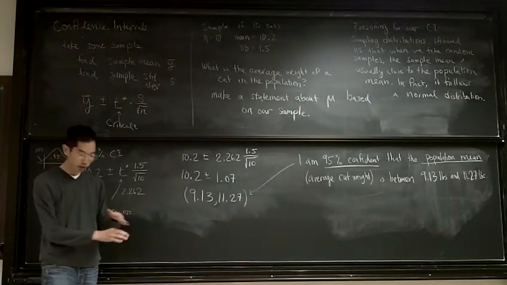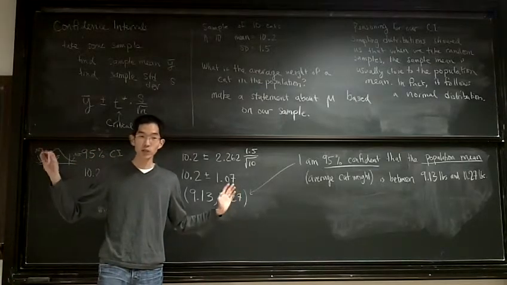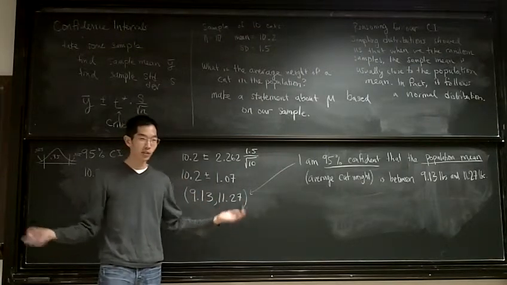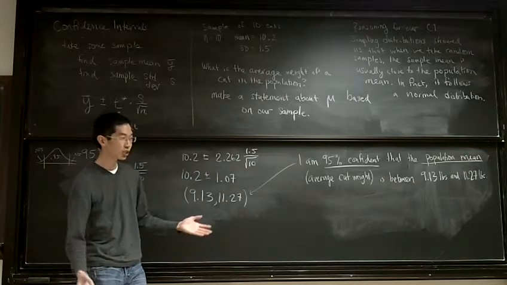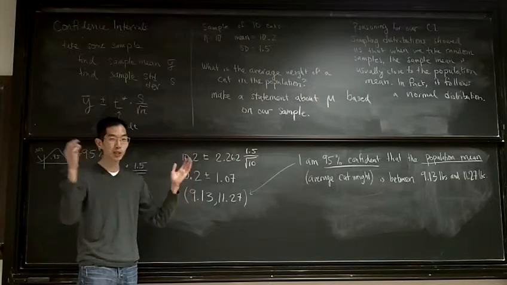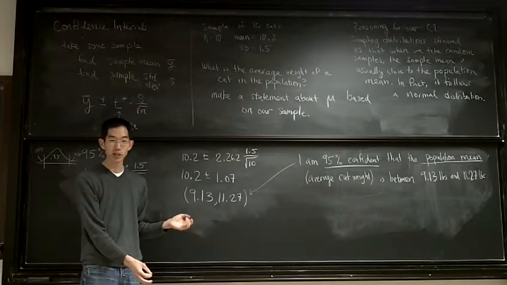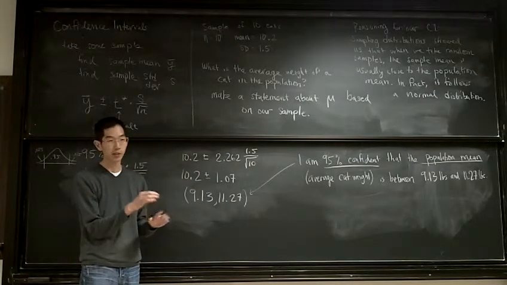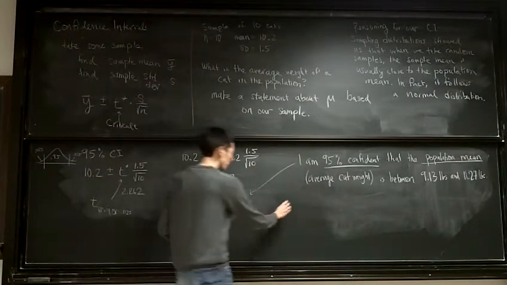So if we were magically able to gather all of the cats in the United States, or in the county, and weigh all of them and take their average weight, that's the population mean. That's not going to change. That's not some random value. The population mean is fixed.